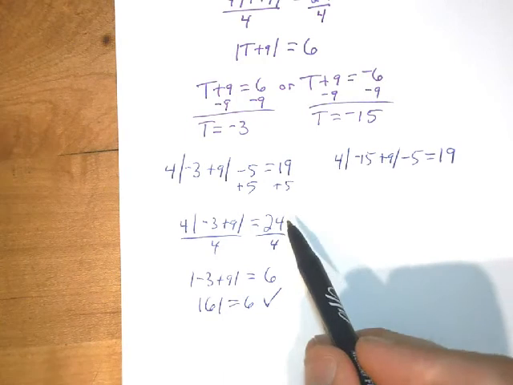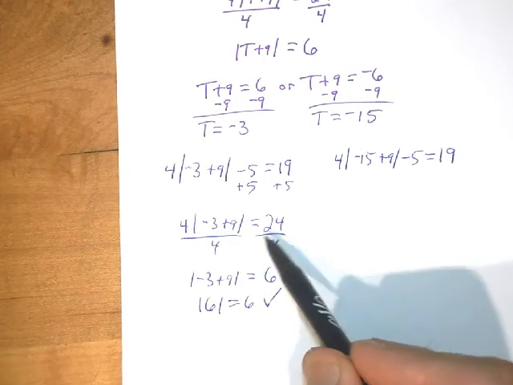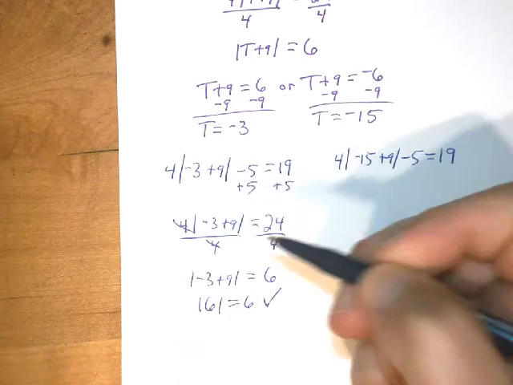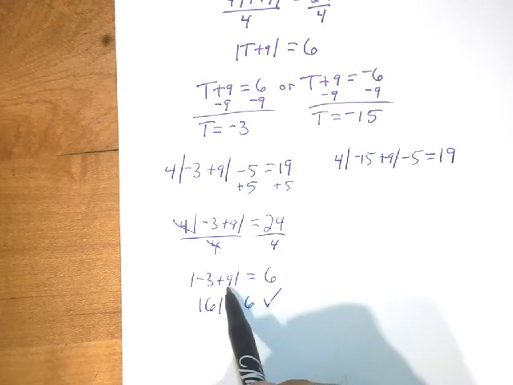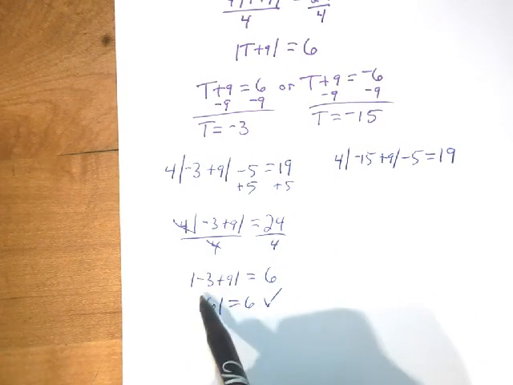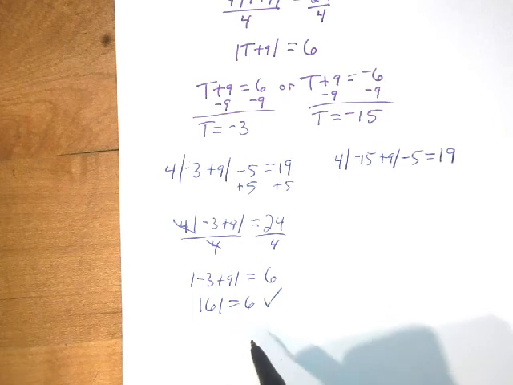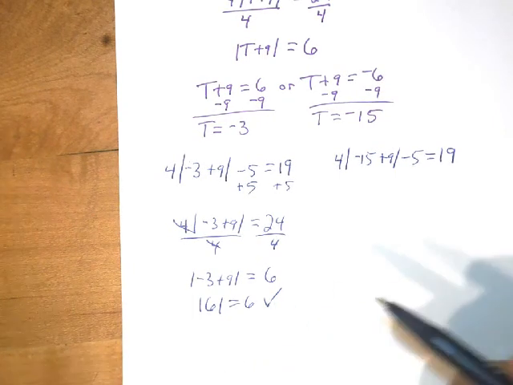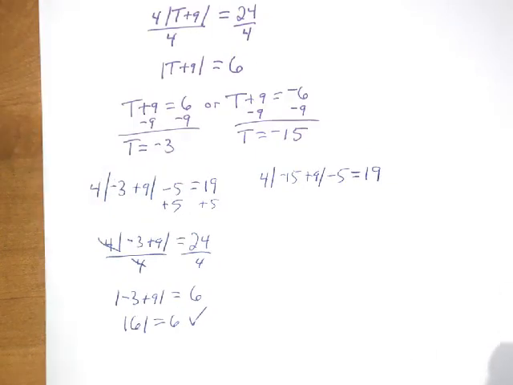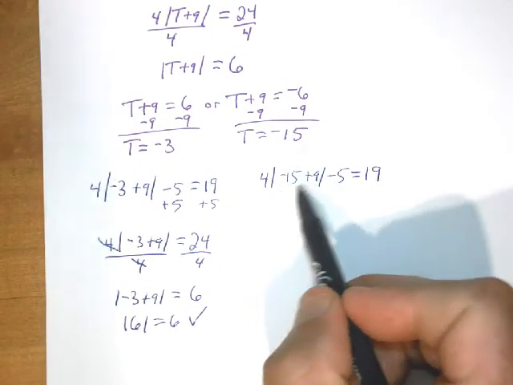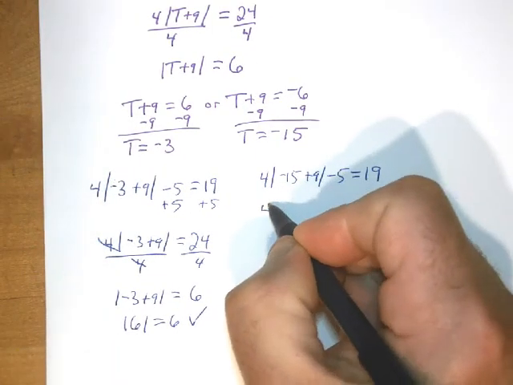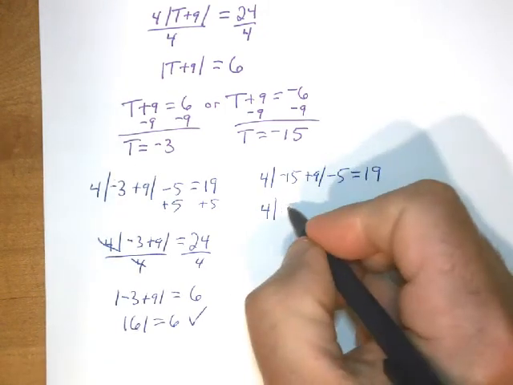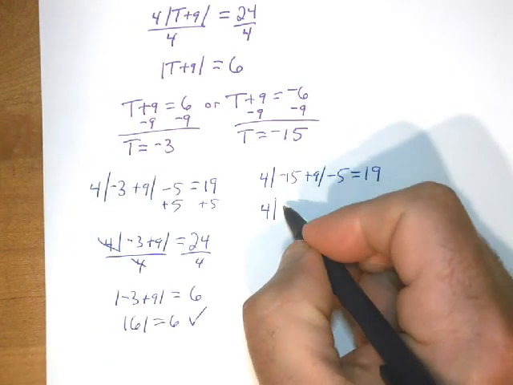If you did not like that version, let me scroll that down, sorry. So again, I just divided by 4 on both sides. So I got rid of my 4's here. And we get minus 3 plus 9 equals 6. And then the absolute value of 6 is 6. So answer is correct. If you did not like that version, again, you could try to treat this like parentheses, and you could do this first, clean it up this way.